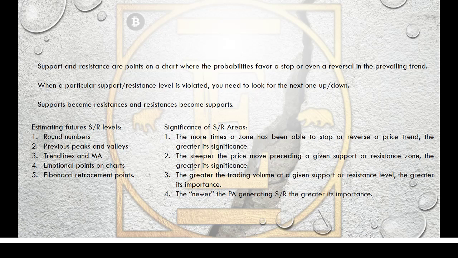When a particular support or resistance level is violated, you need to look for the next one up or down. I mean, if a bull trend faces a resistance and breaks it, then you need to look to the next resistance immediately, because you need to anticipate what is the next level where the price may stop, to improve your trading strategy.